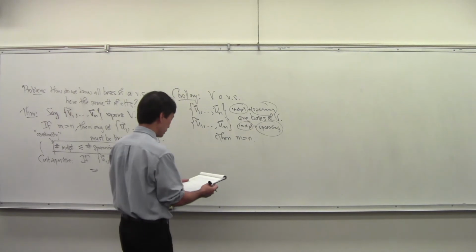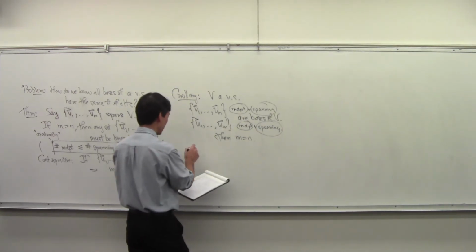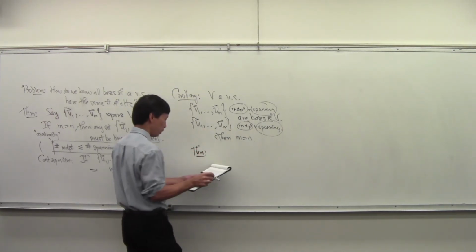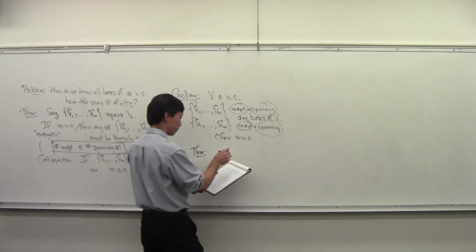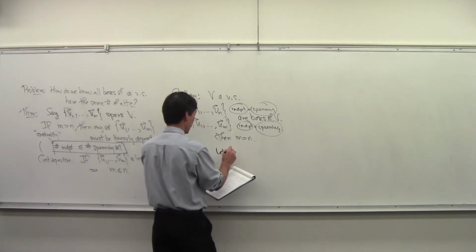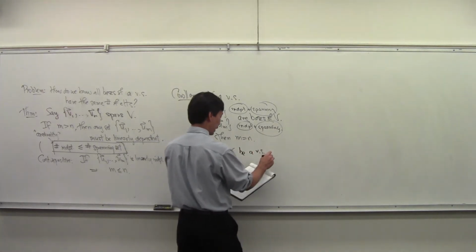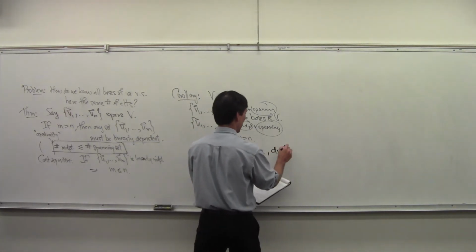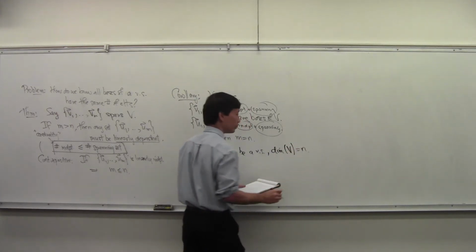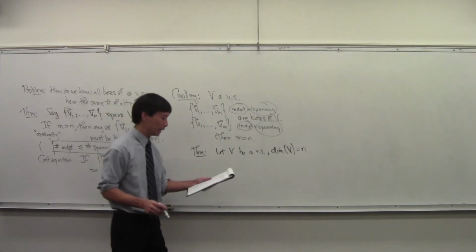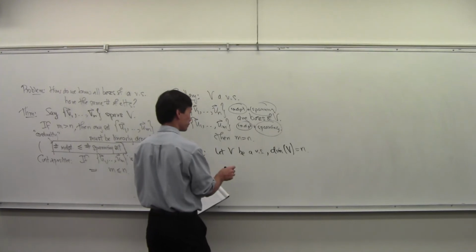So there's a couple other theorems in this section. One goes like this. Let V be a vector space, and suppose you know the dimension already. Suppose you know that the dimension of V is n.